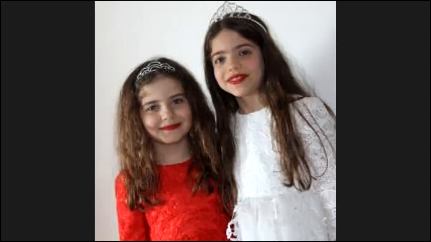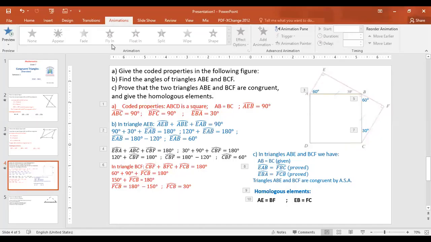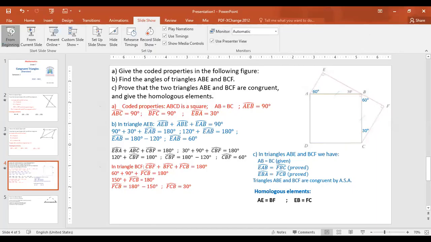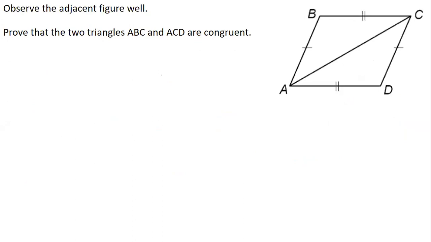Okay, let me share the screen again because I was fixing something. So we have a new question now. This is the new question we are solving now. As you can see, it is the same question that I gave you in the quiz on Friday.